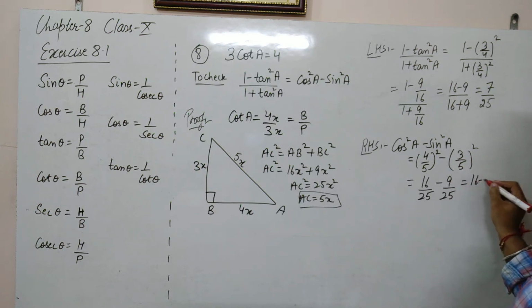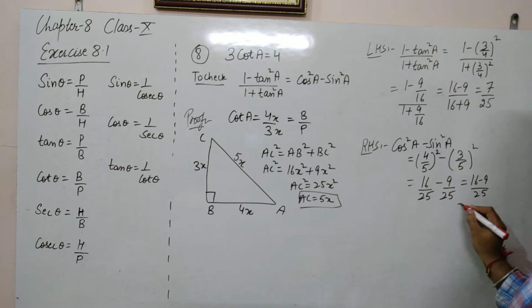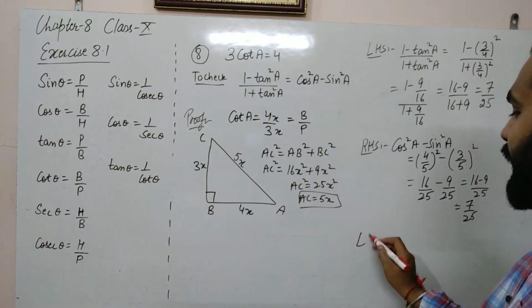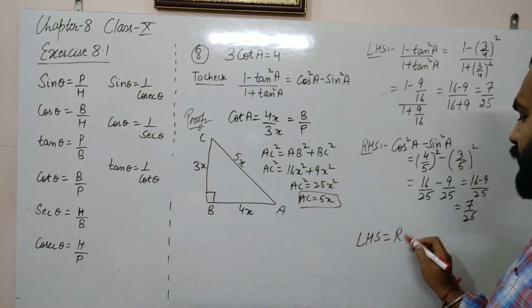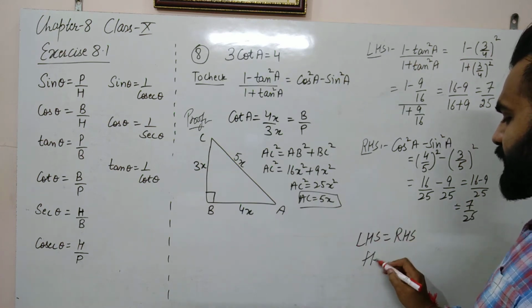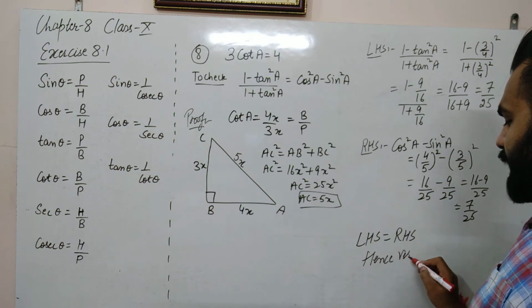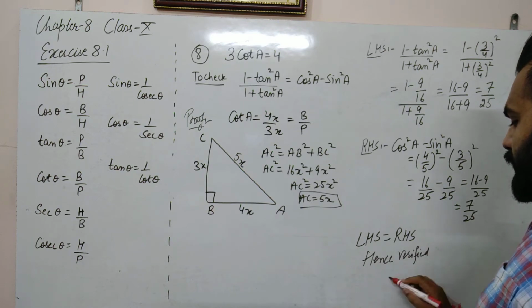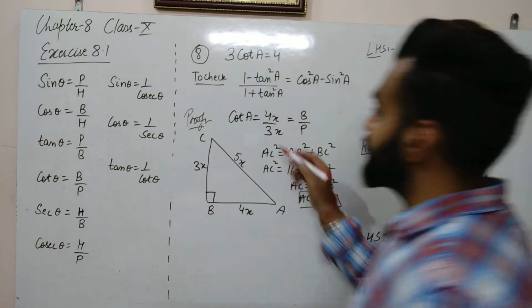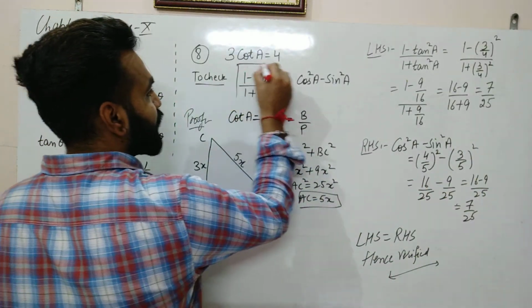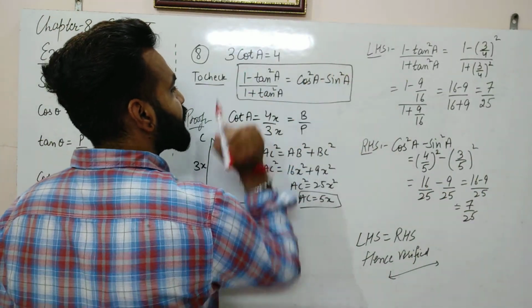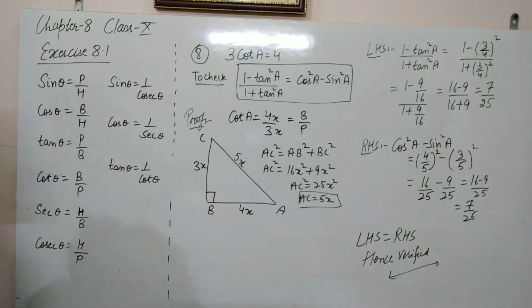This will be 16 minus 9 by 25, that is 7 by 25. So we can see that LHS is equal to RHS, hence verified. So this is true here, that 1 minus tan square A upon 1 plus tan square A is equal to cos square A minus sin square A.